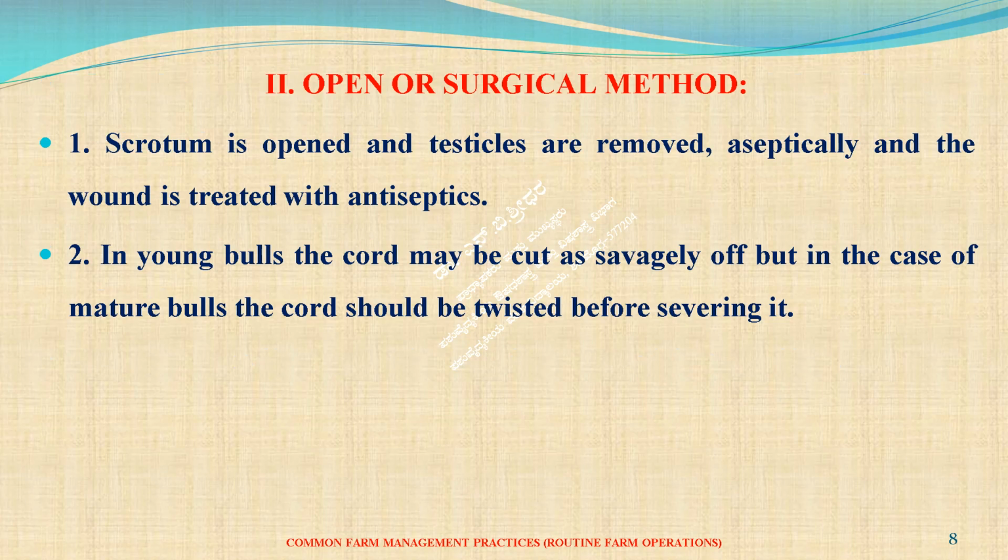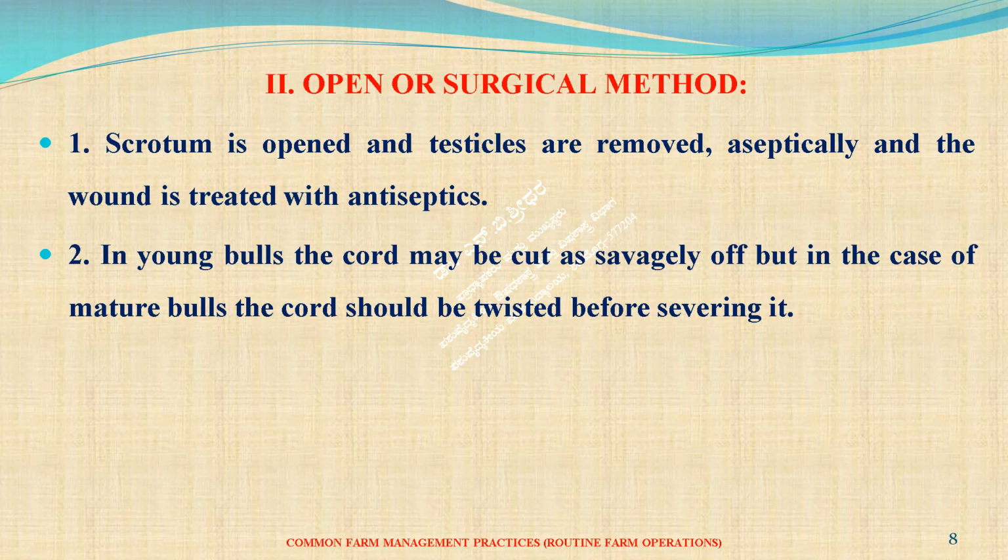In the open or surgical method, the scrotum is opened, the testicles are removed aseptically, and the wound is treated with antiseptics, and whenever required it is sutured with absorbable catgut.